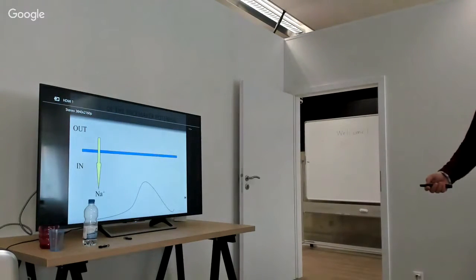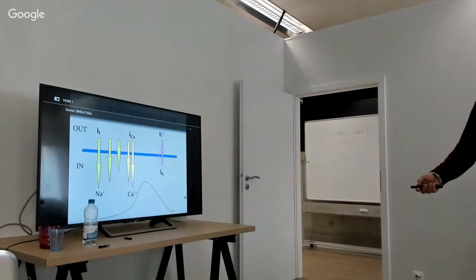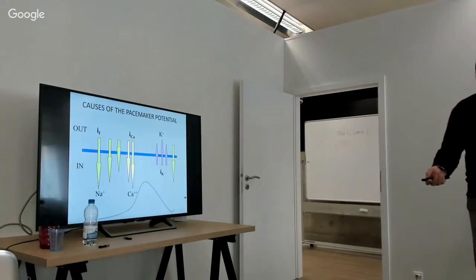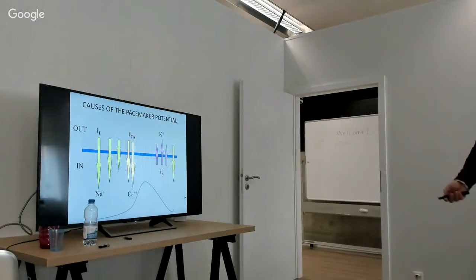Okay, now we have the funny current, the calcium current, and the potassium current. These are the most important currents in these cells. The funny current starts in hyperpolarization, and again we have the sodium that goes in.